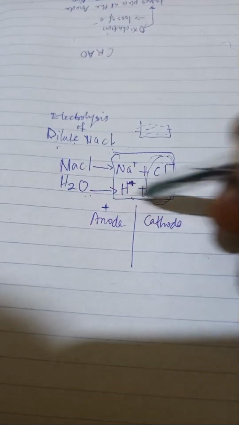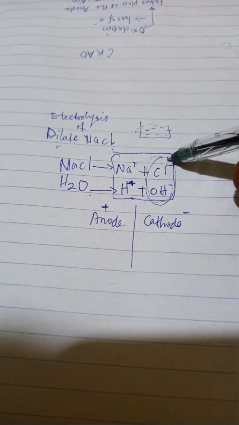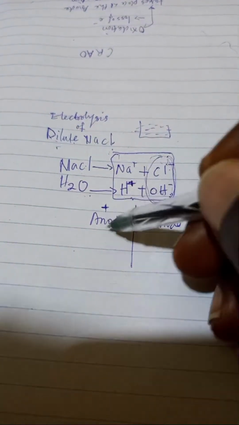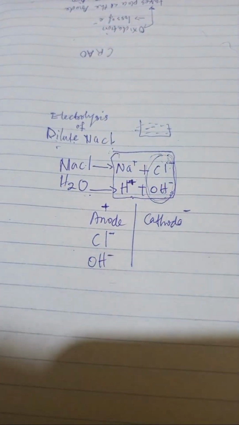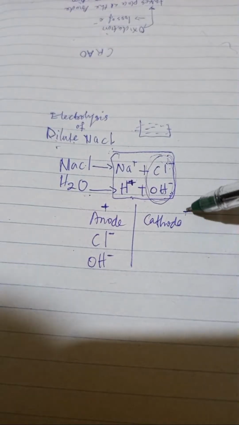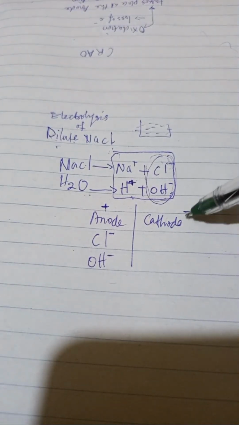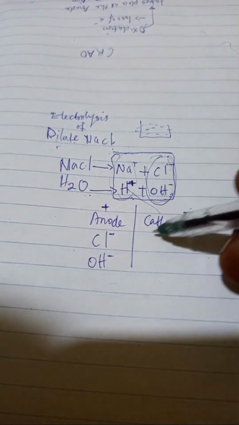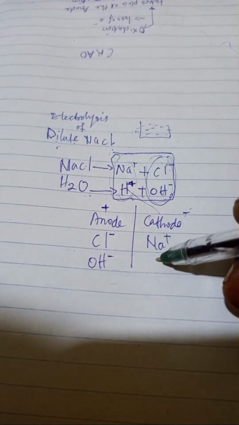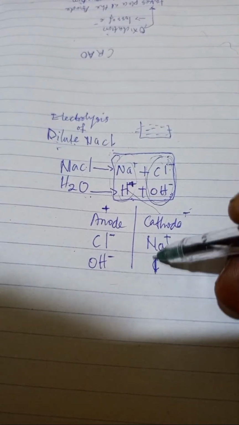Anode is plus, cathode is minus. So Cl- and OH- will go to the anode. Then the cathode is the negative part. These two, since they are positive, will come to the cathode. So you have Na+ and H+.